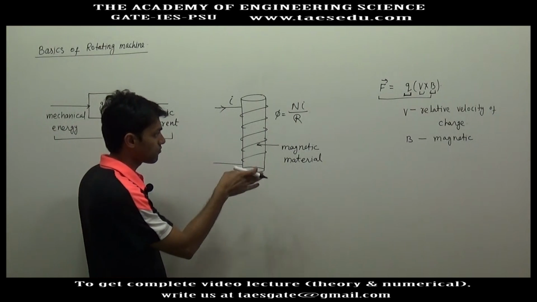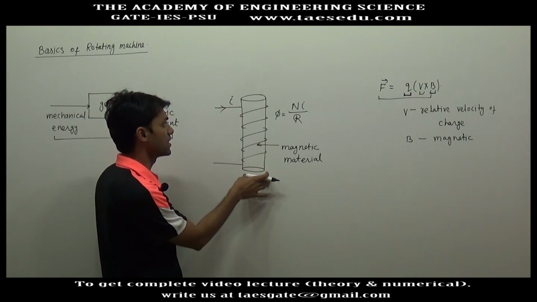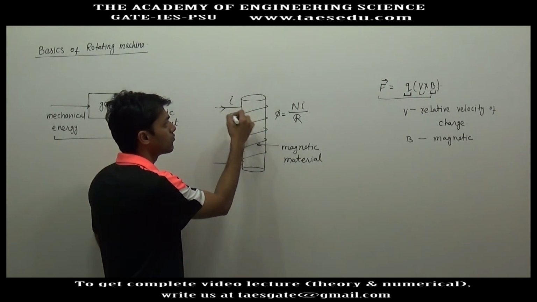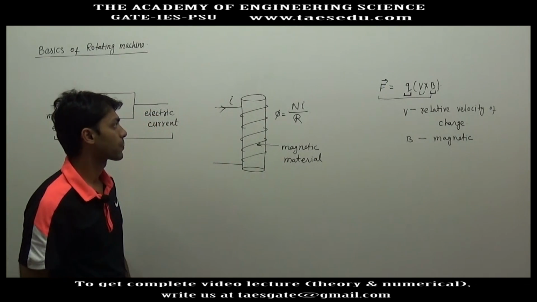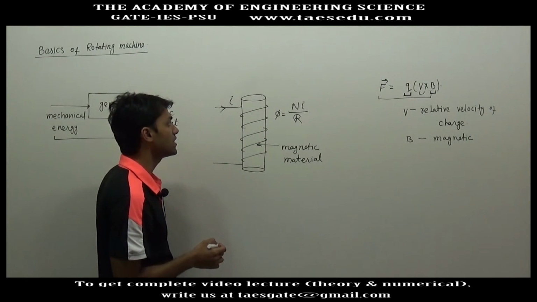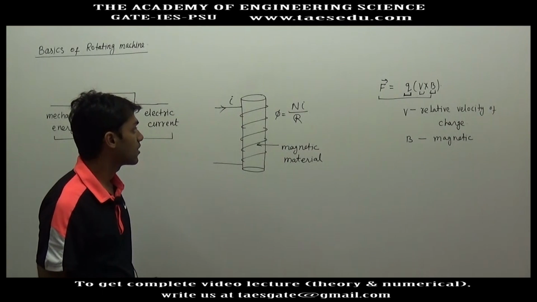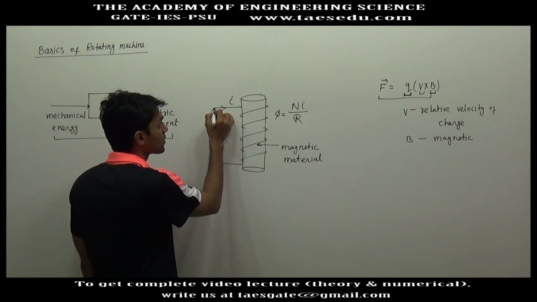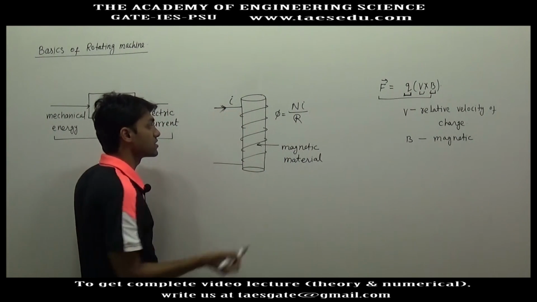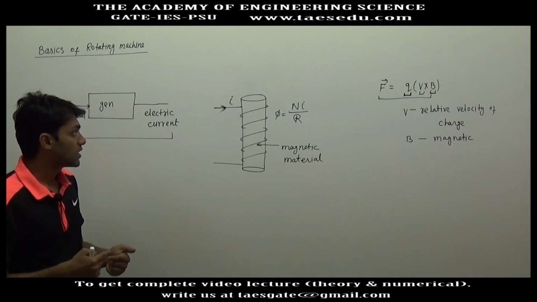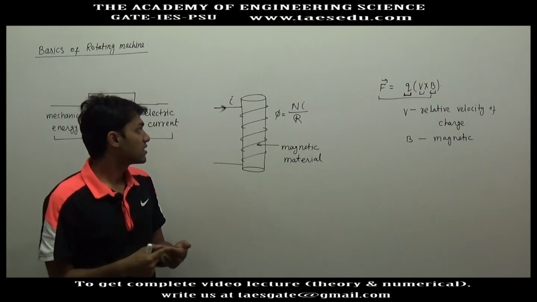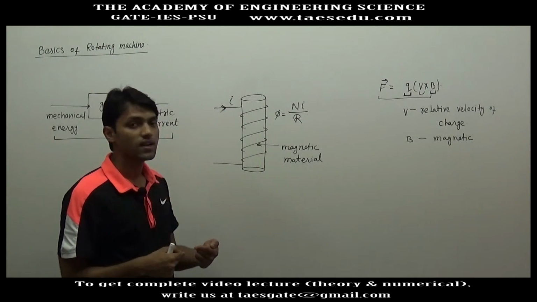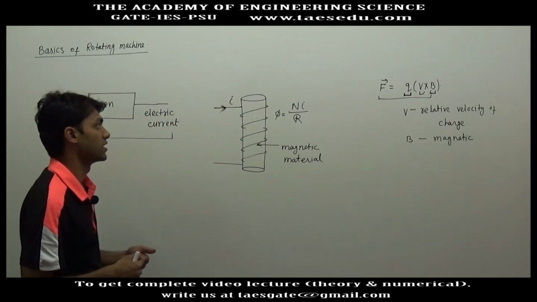So to a soft iron material or to a magnetic material, if you wind it with a winding, it will also have a magnetic field. And how will we find the direction of the magnetic field? This also we have studied in transformer, that the direction of magnetic field depends upon the current as well as the orientation of winding.